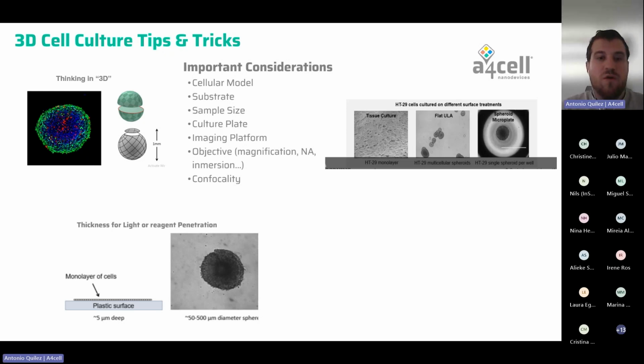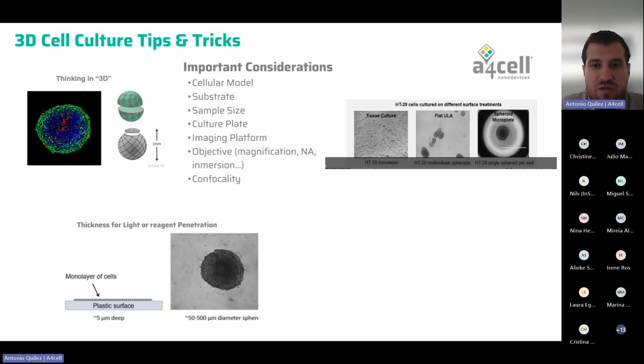So for culturing this kind of cells or different models, we can grow them either as monolayer, but also we can use low adhesion plates, either with U-shaped or rounded bottom to facilitate cells to aggregate. They can also be flat, which is going to improve the imaging possibilities, and it will allow us to work with long distance objectives.